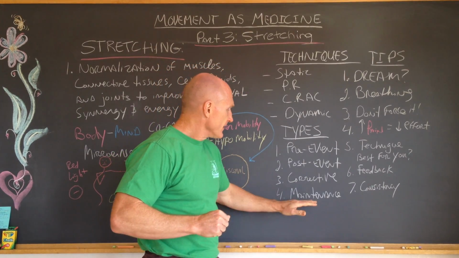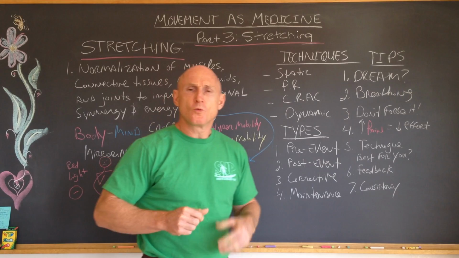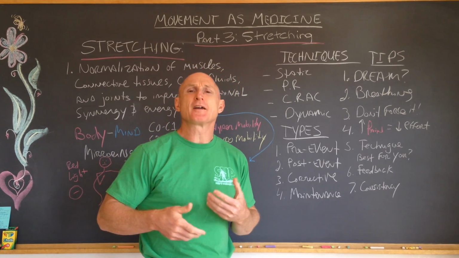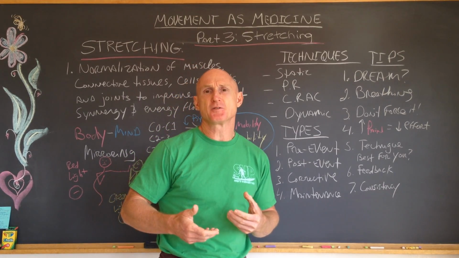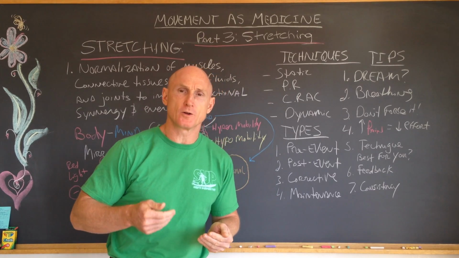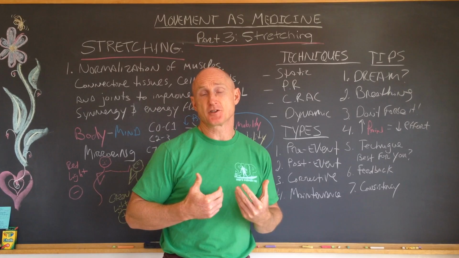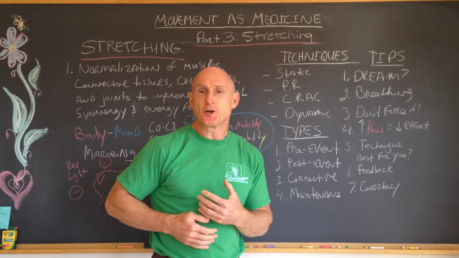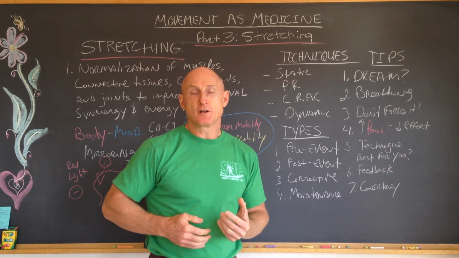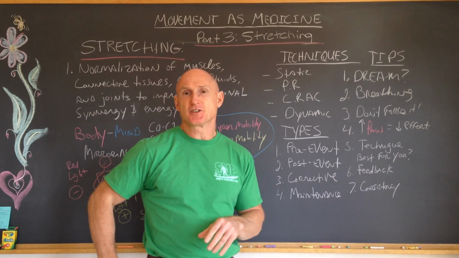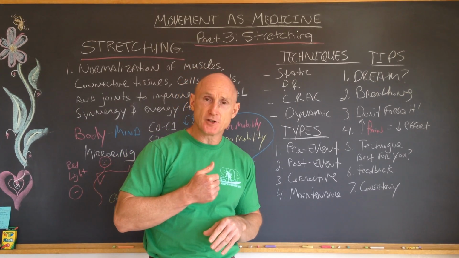Okay? Maintenance stretching is what we do when we have a pattern of muscle tension that's common to a given work or sport activity or to our unique body composition. So for example, if someone doesn't know they have gut problems, they're likely to have chronic back tension and hamstring tension for the reasons I mentioned earlier.